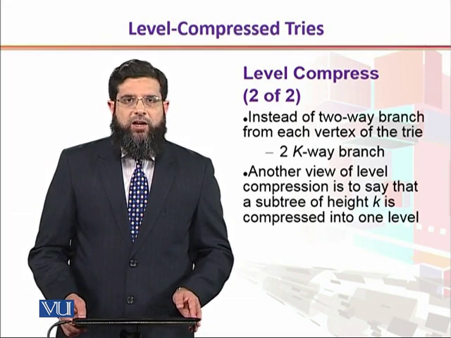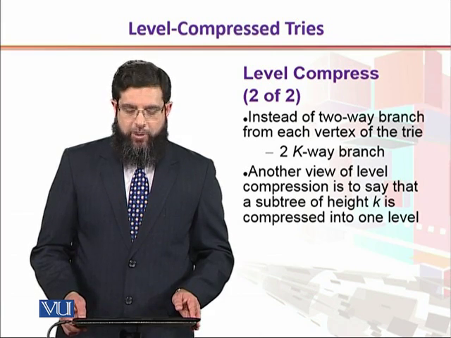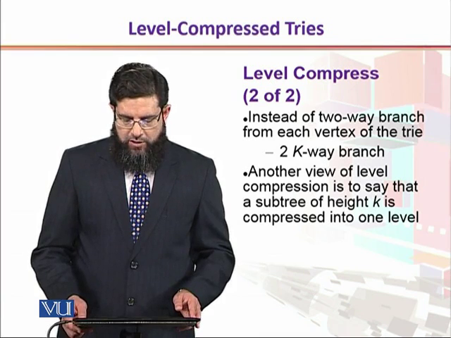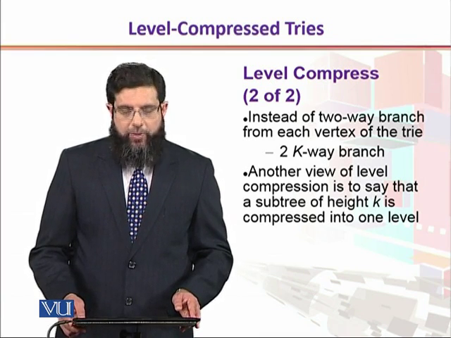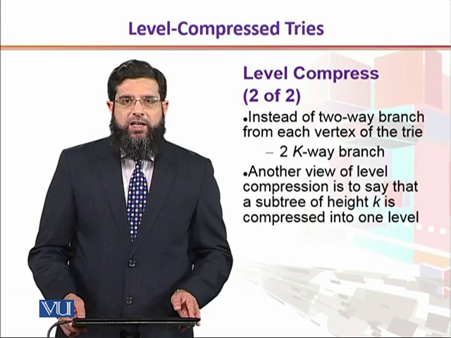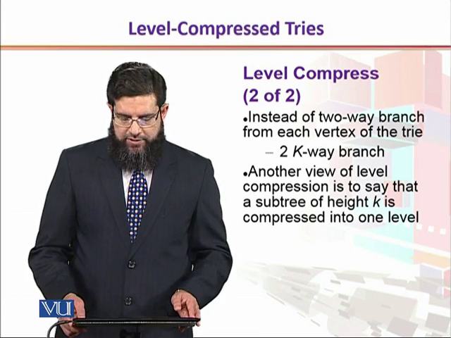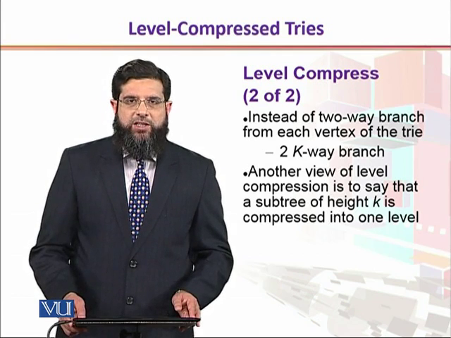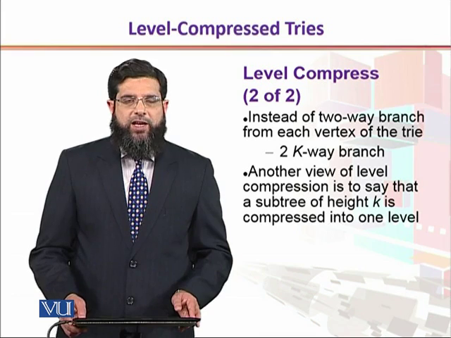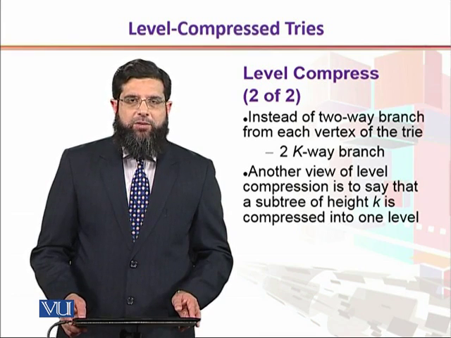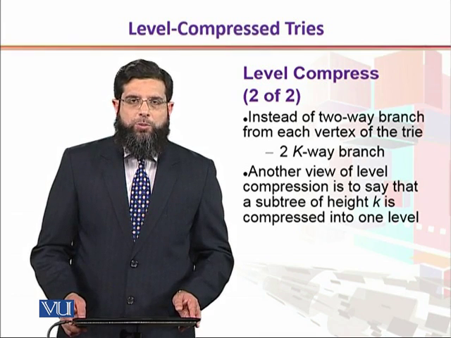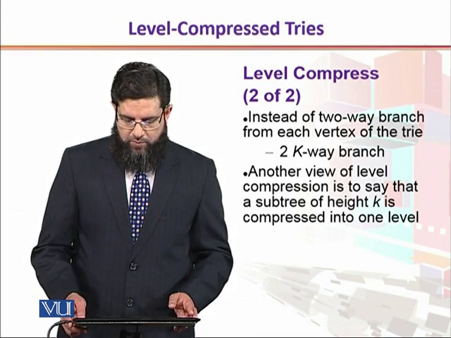Now, since we are deviating from the binary trie anyway, instead of two-way branching, we'll have 2 to the k-way branching. That is, k refers to the number of contiguous bits. So 2 to the 4, that is 16-way branching, in the case of the example for a 32-bit IP address, if we are making groups of contiguous 4 bits.